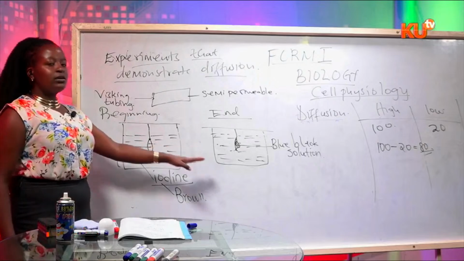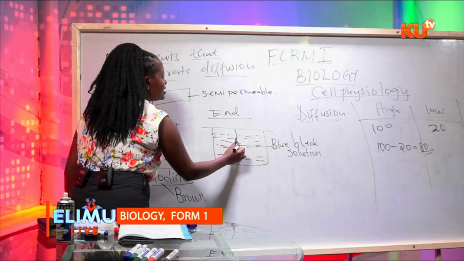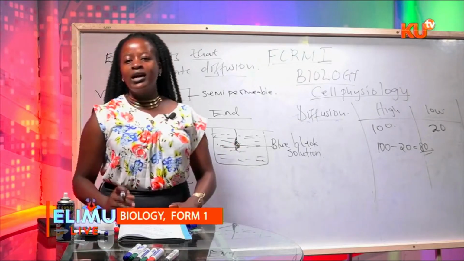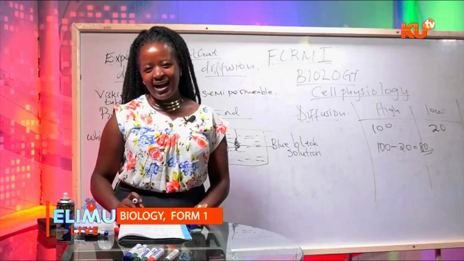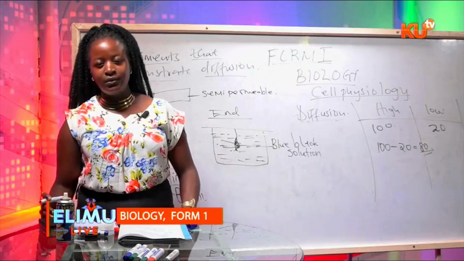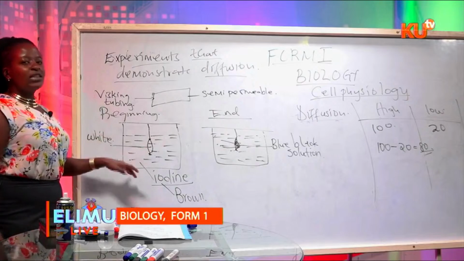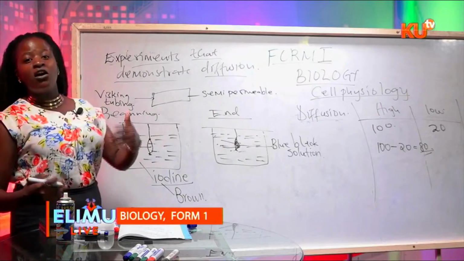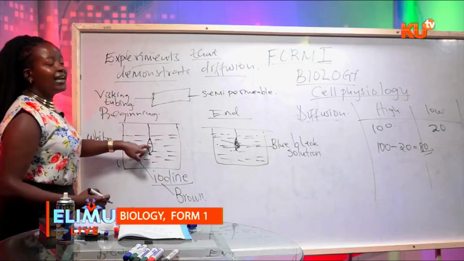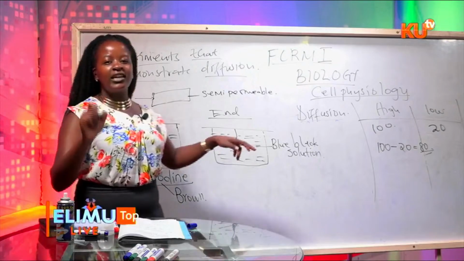So the molecules of iodine will diffuse into the starch solution, and this iodine will react with the starch to form a blue-black solution. The iodine molecules are greater in the beaker, so they will move from their region of high concentration, which is in the beaker, inside the Visking tubing where the starch solution is.